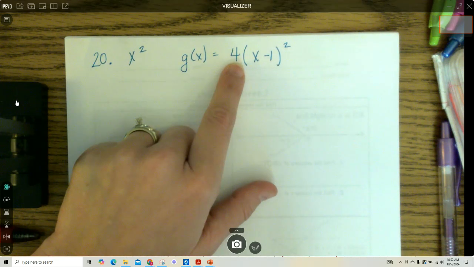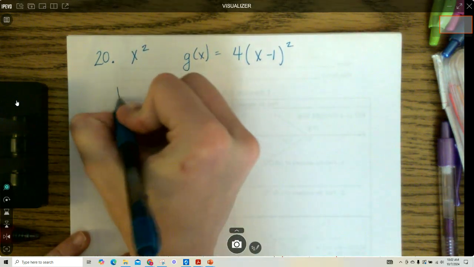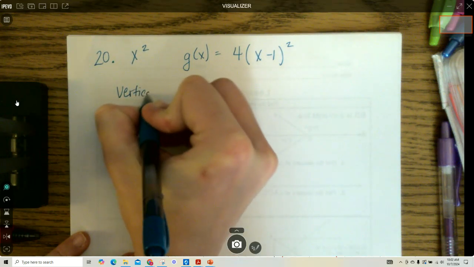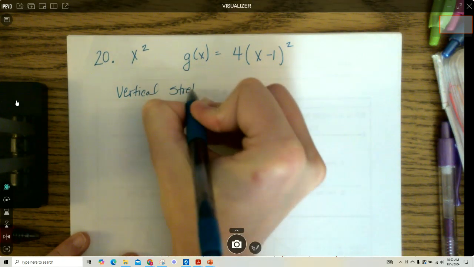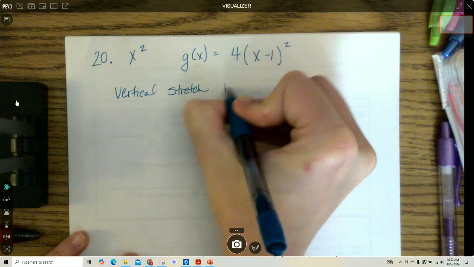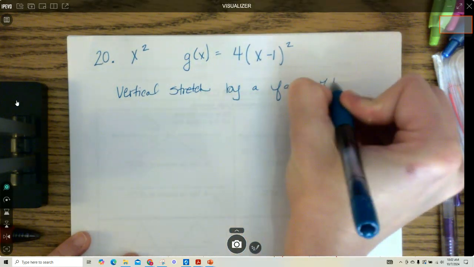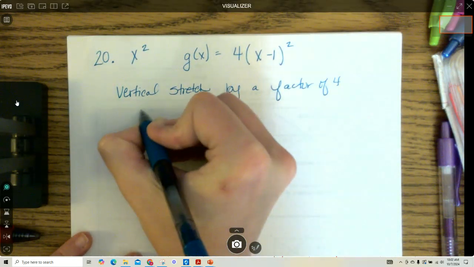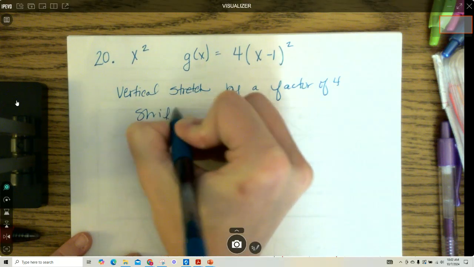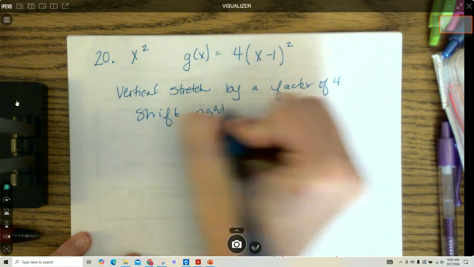The y's getting bigger, so that's a vertical stretch by a factor of 4. And then x minus 1 means we shift to the right 1.